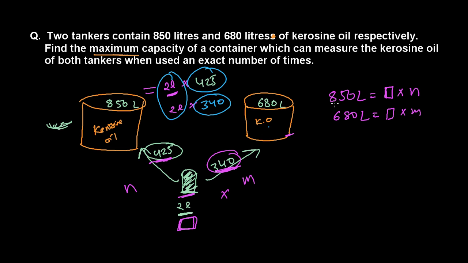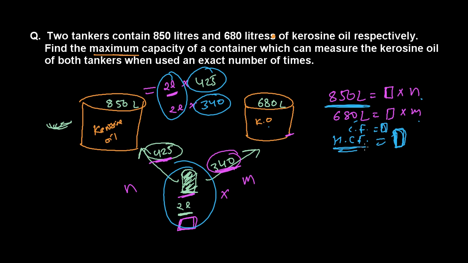Similarly, imagine that 850 is n exact times and 680 is m exact times this smaller container. So what is the common thing here? The HCF is this container. This common factor is the highest common factor, because the question is asking us to find the maximum capacity.